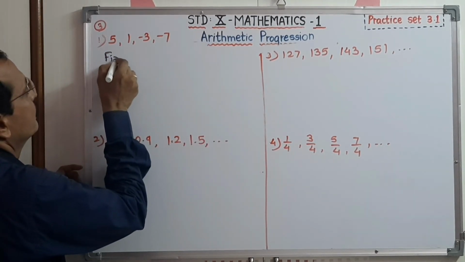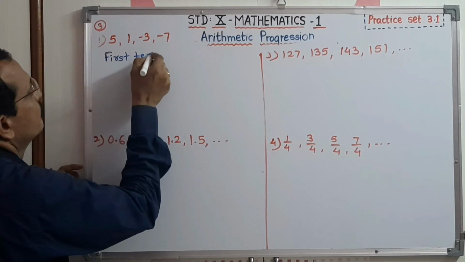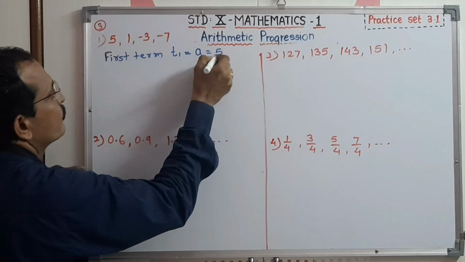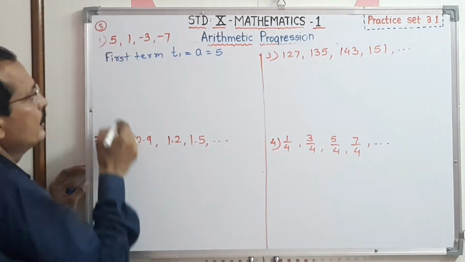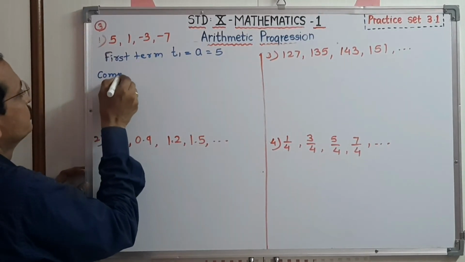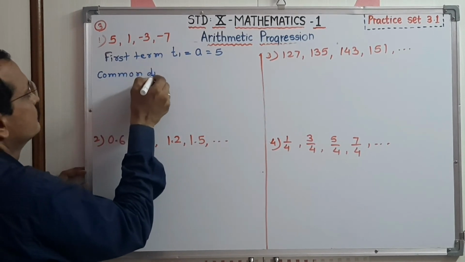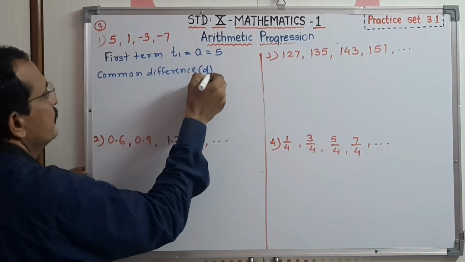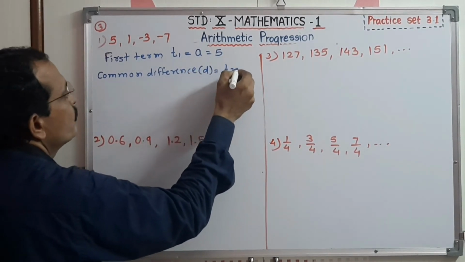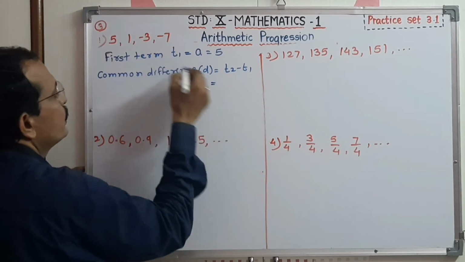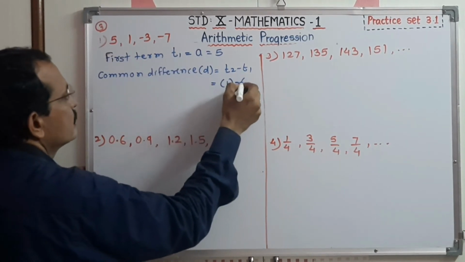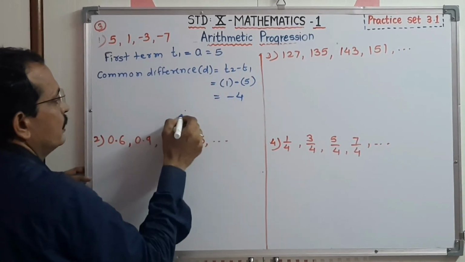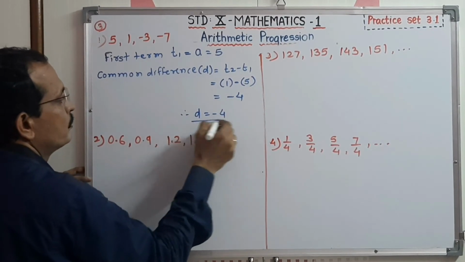Therefore, first term, that is T1 is equal to A is equal to 5. Then common difference D is equal to T2 minus T1. Now T2 is 1 minus 5. It is minus 4. Therefore D is equal to minus 4.